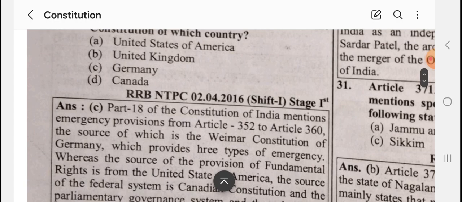Part 18 of the Constitution of India mentions emergency provisions from Article 352 to Article 360, the source of which is the Weimar Constitution. That is, Weimar, Germany, which provides three types of emergency, whereas the source of the provision of fundamental rights is the USA.